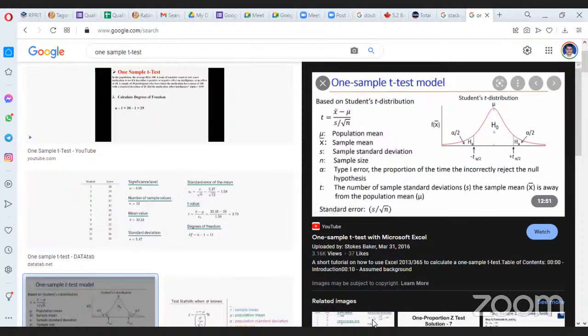So this is the formula. By using this formula, you can calculate the one sample t-test.